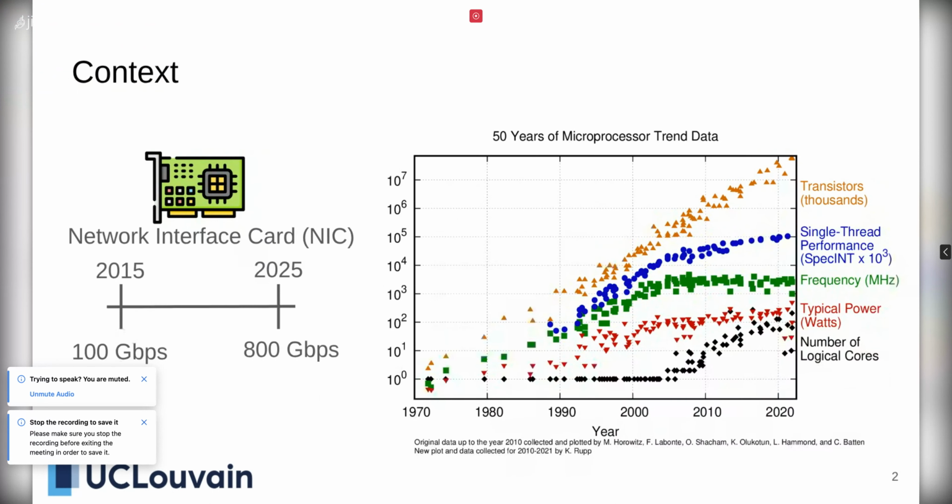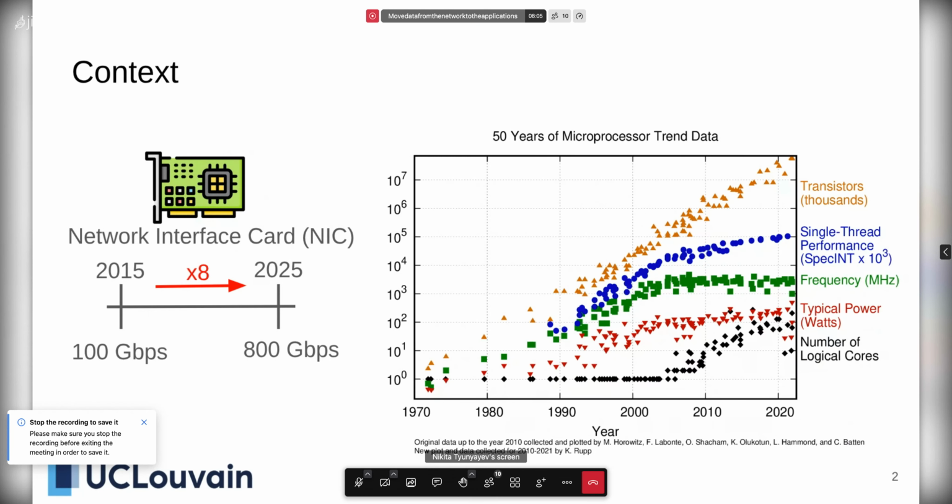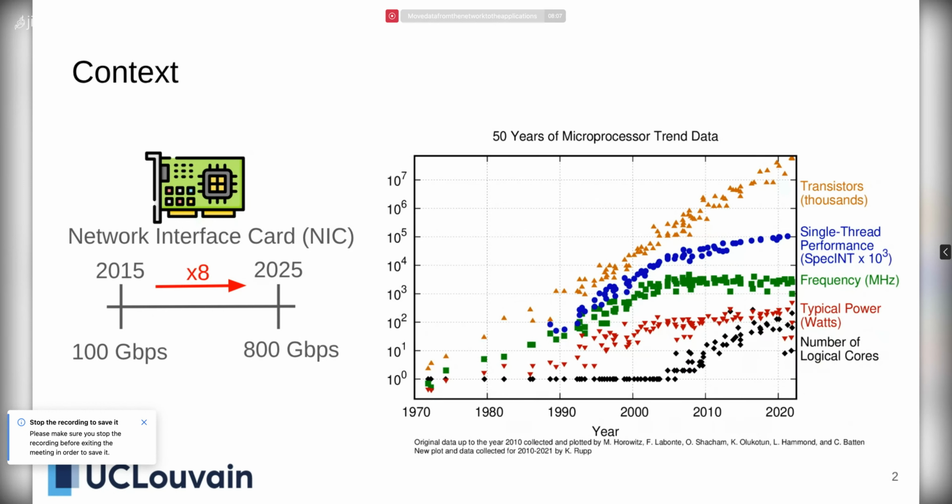First, I will start with a bit of context. If we look at the evolution of the performance of network interface cards on one side and processors on the other side, we see that on the network side, the performance has been multiplied by 8 in the last 10 years, while the single thread performance of CPUs has mostly been stagnating.